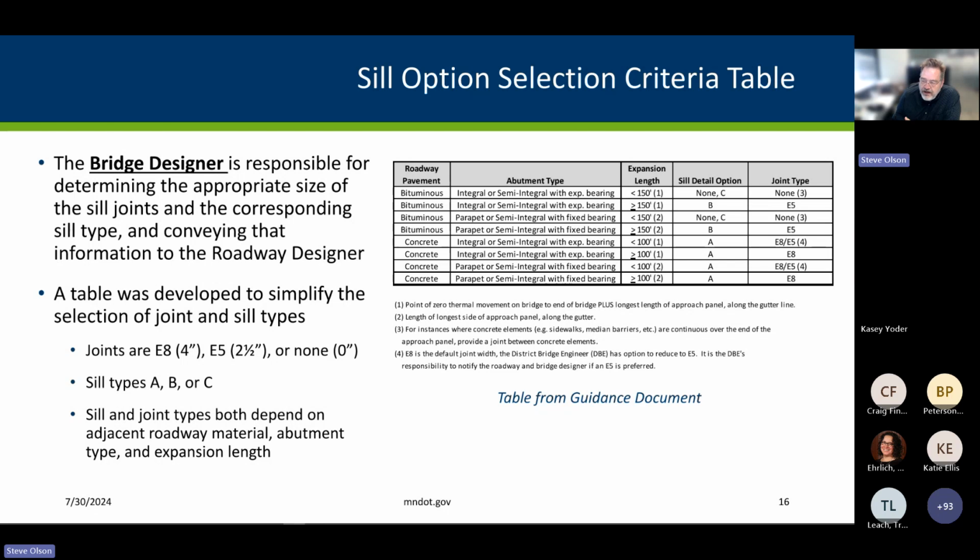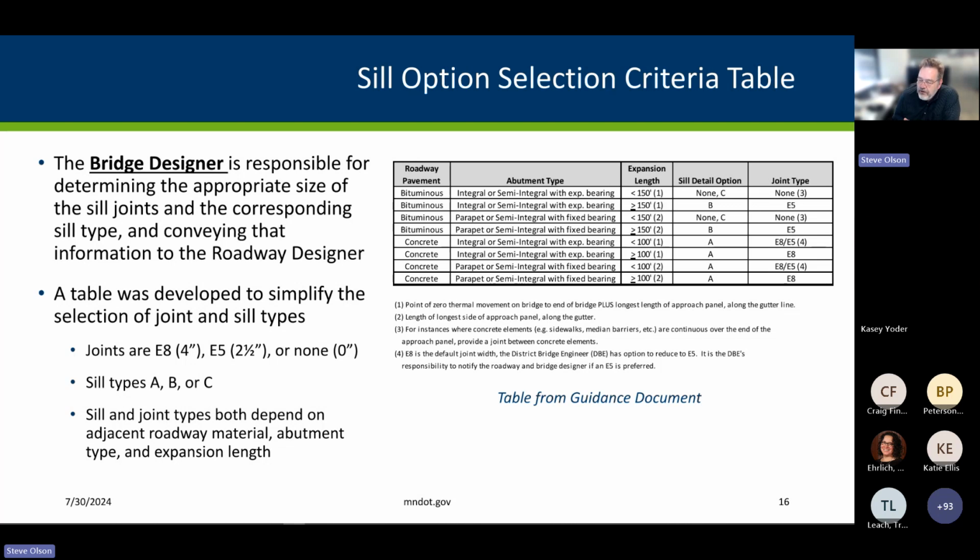Now there's an option to have no expansion joint at the end of the approach panel for short lengths and bituminous roadways. Or there could be an E5 joint, which is 2½ inches wide, or the 4-inch joint, which has been used historically. And so the table you see on the right is in the guidance document.